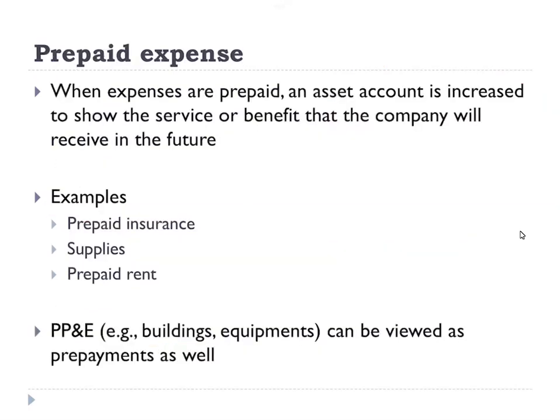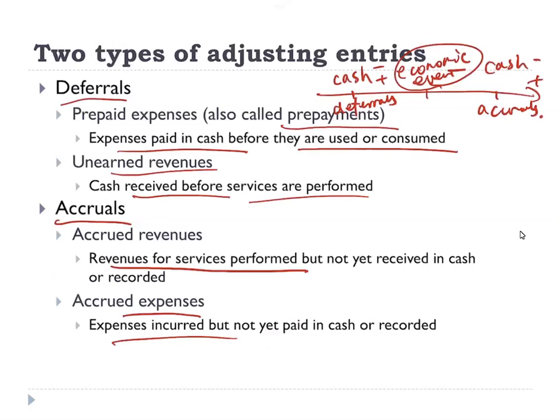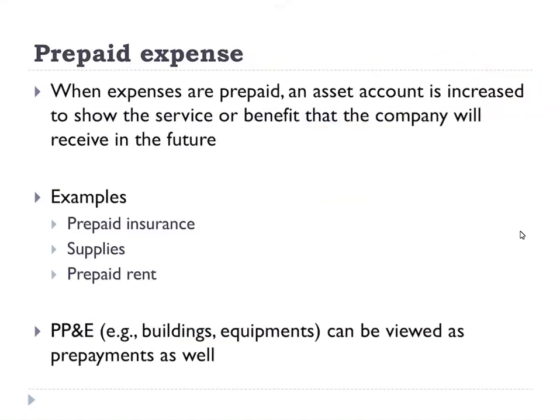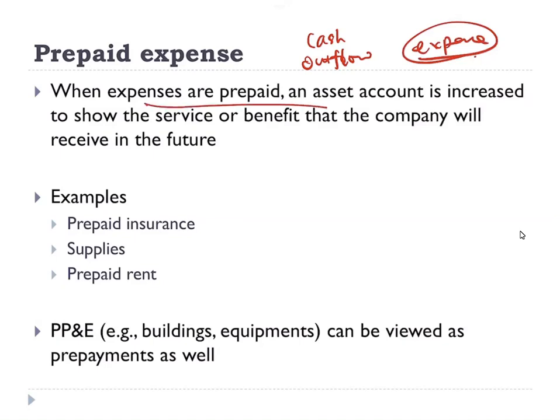So let's look at each of those different types of adjusting entries in more detail. First of all, prepaid expense. As we just talked about, those are prepaid, so we pay out cash first. The cash outflow happens first, and then the accrual-based expense happens later.